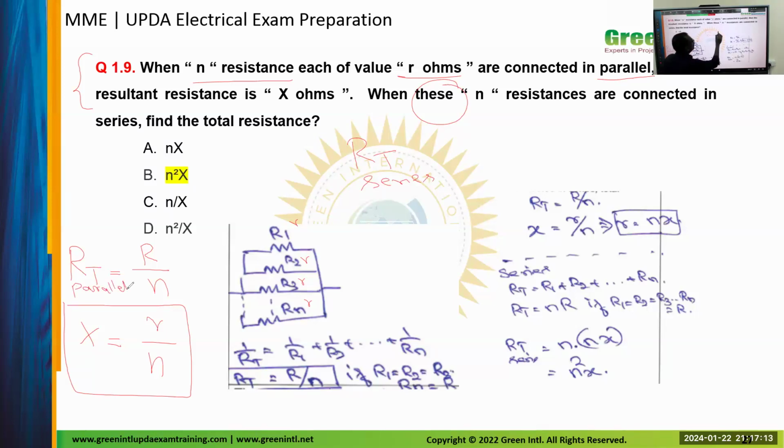So RT series is equal to N into R. Now from X equals R by N, we may equate small letter R is equal to X into N. So we substitute here and we get this value.